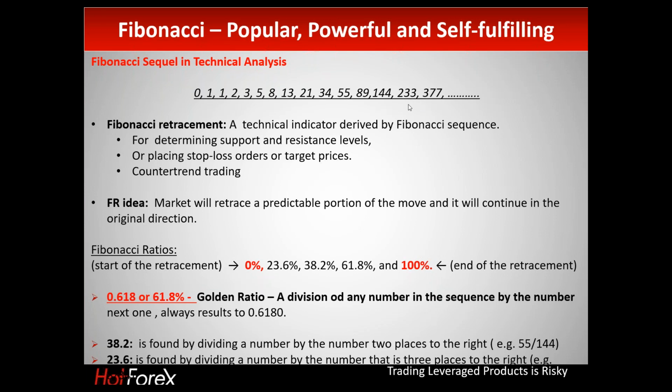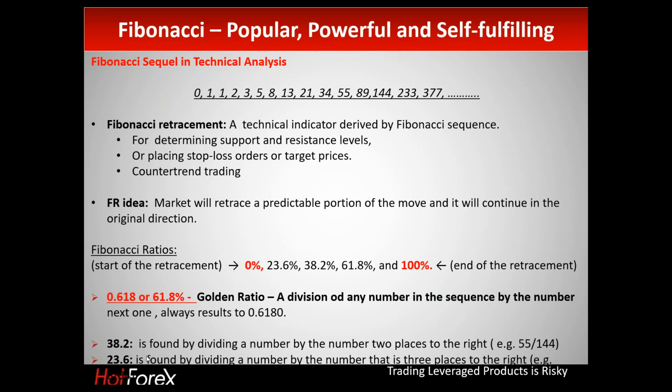So if you divide any of the numbers that exist in the Fibonacci sequence by the one that follows it, it will always give you the same number, this golden ratio, the 61.8%. This is why it's named the golden ratio, and it's the most important number out of all of this. Okay.